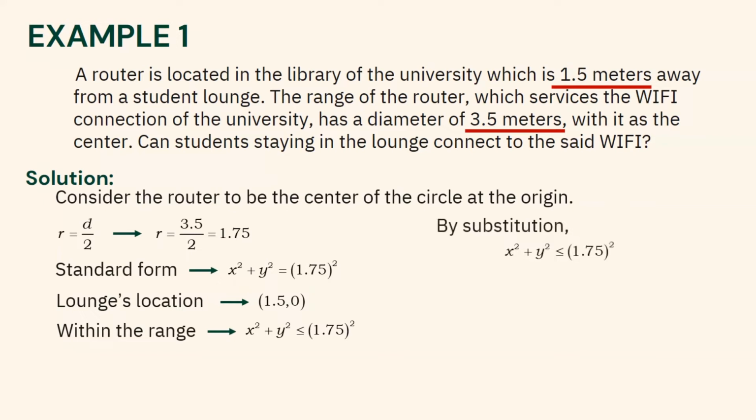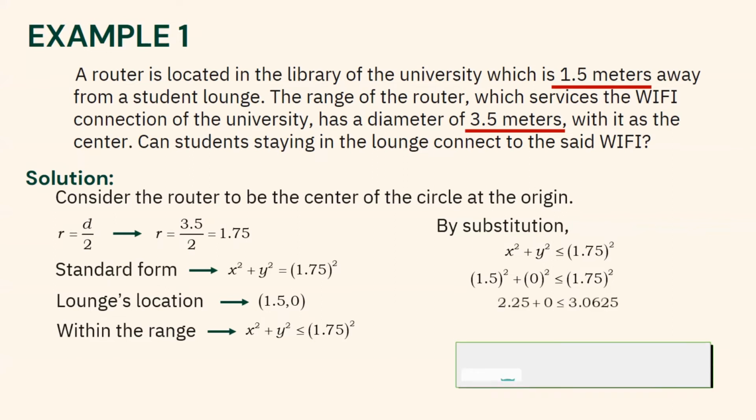By substitution, we will have (1.5) squared plus 0 squared is less than or equal to (1.75) squared.